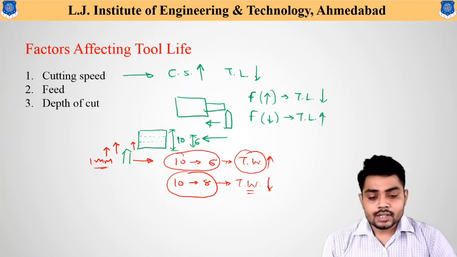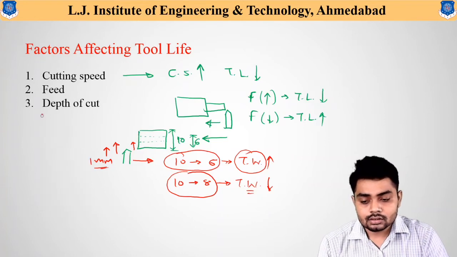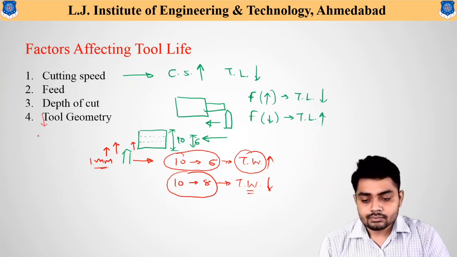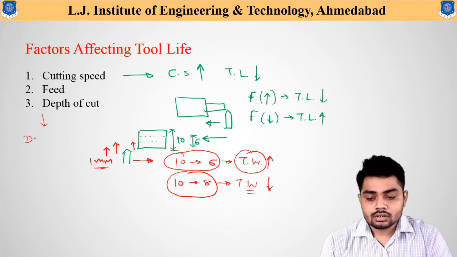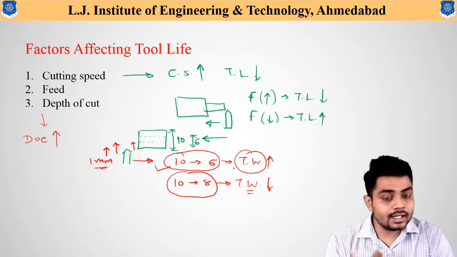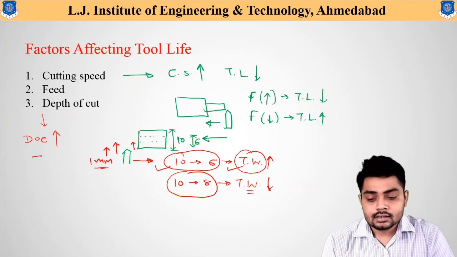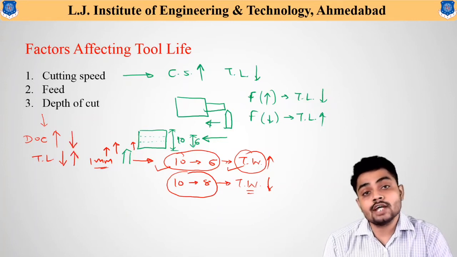So again, you can see over here, in the case of depth of cut, if depth of cut increases, that means 10 to 6 mm directly, tool wear increases and tool life decreases. And again, it is also possible if depth of cut is comparatively lower, at that time the tool life is comparatively higher.